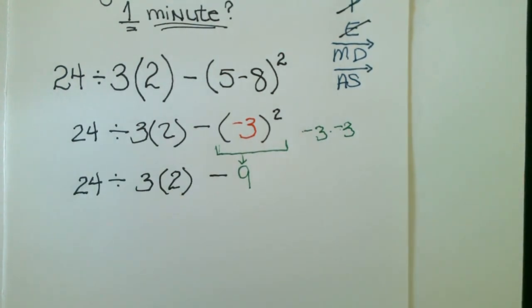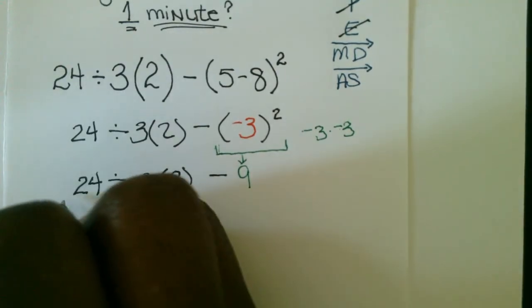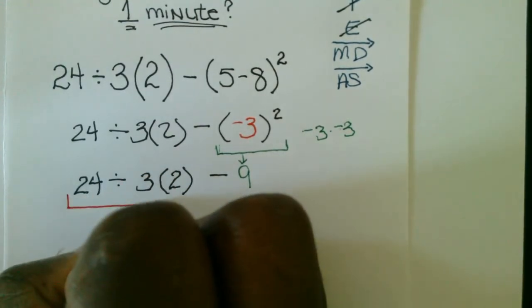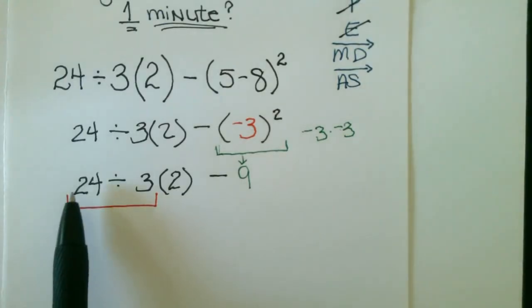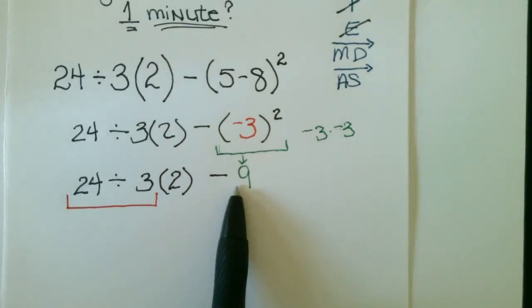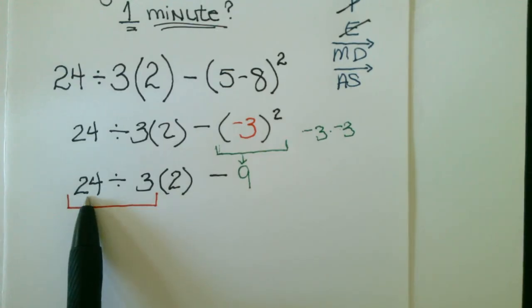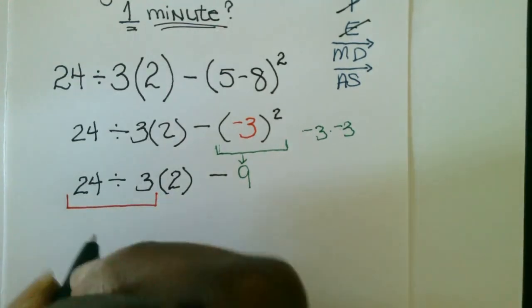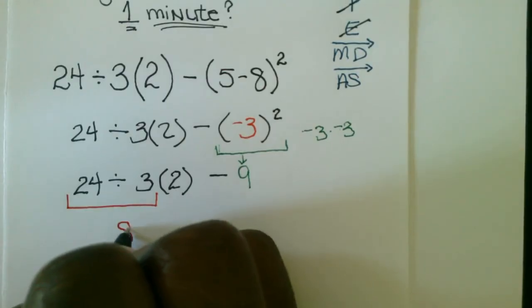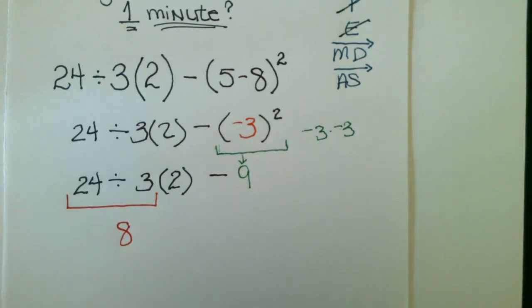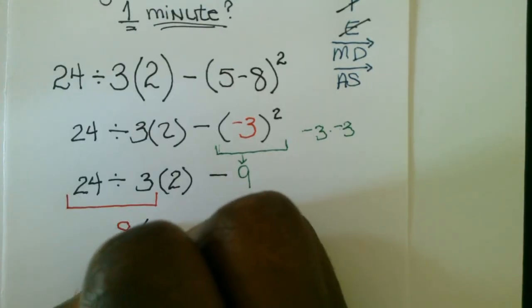No, we have to take care of the division because that's the first thing that we see from left to right. So it's really going to be 24 divided by 3, which gives me 8. Then we bring everything on down.